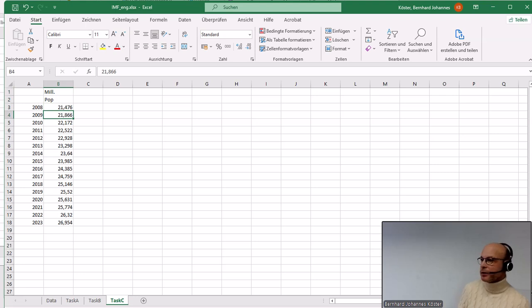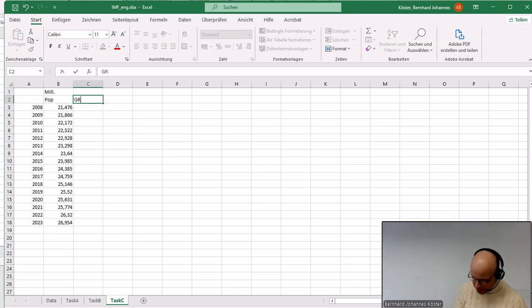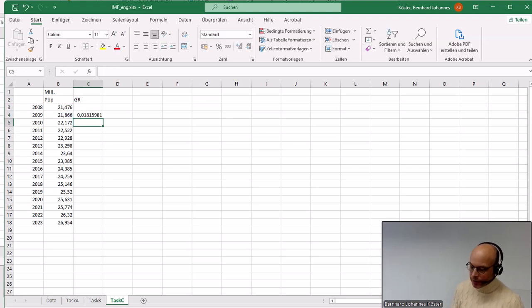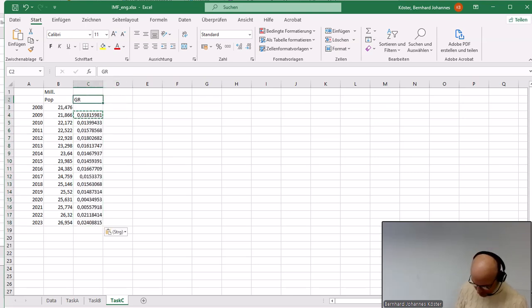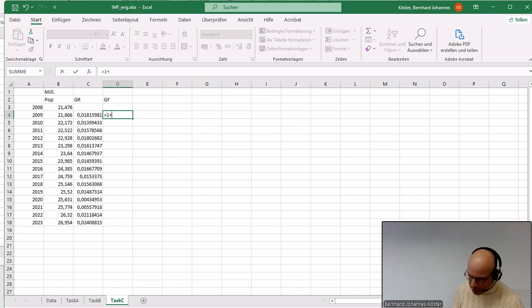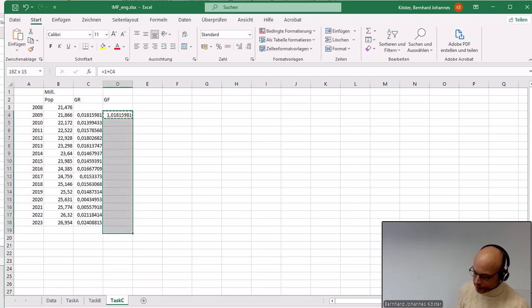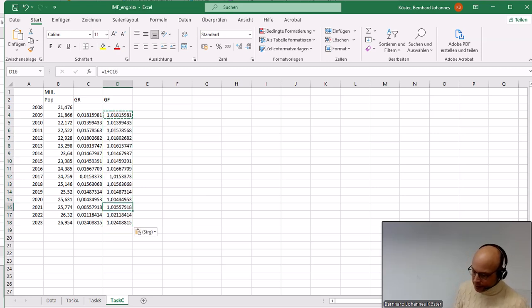And of course, what is the task now? We want to calculate the growth of the number of inhabitants. So again, the growth rate equals the absolute change divided by the former value, and the growth factor is 1 plus the growth rate, taking the geometric mean.